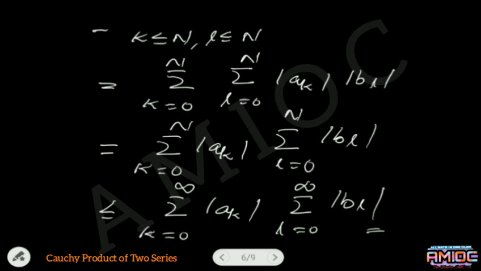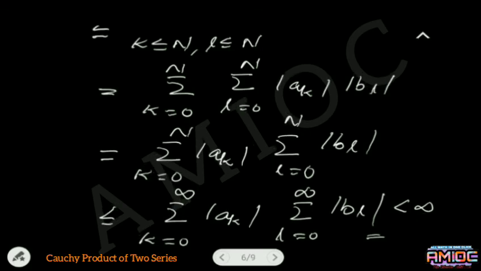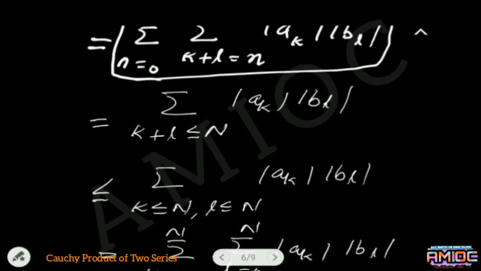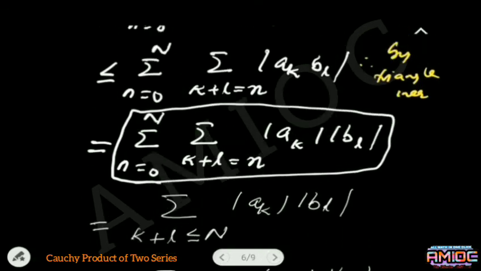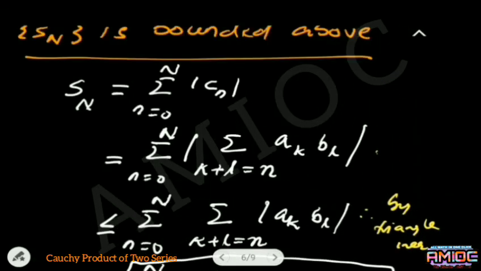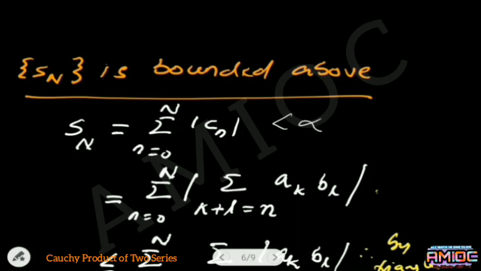Therefore, this sum will be finite. Also, this sum will be finite. Therefore, this product will be finite, which is less than infinity. That means we have proved that the sequence Sn is finally concluded less than infinity.